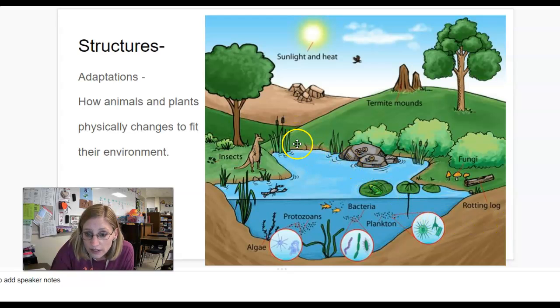So let's take a look, just a few moments, on how the plants adapt. Plants adapt by getting water, having roots. If we look carefully, all these plants have different roots, and that's in order to stabilize the plant from getting harmed. It also gets its moisture or its water. Some plants are in the water.